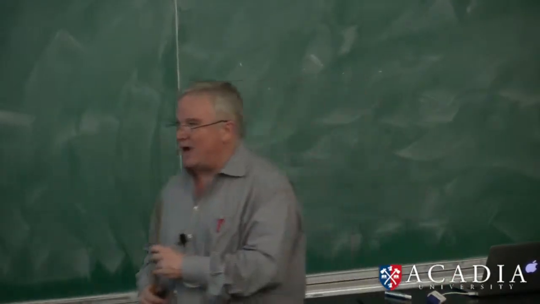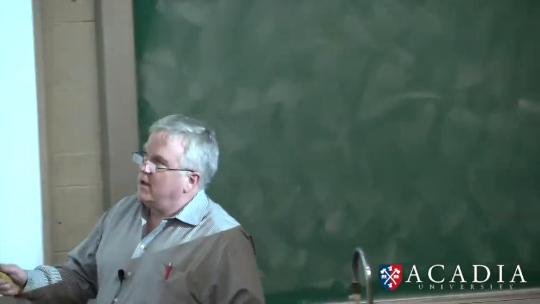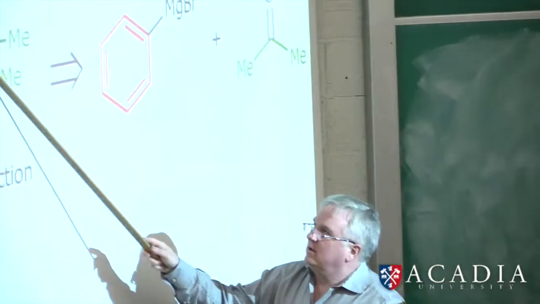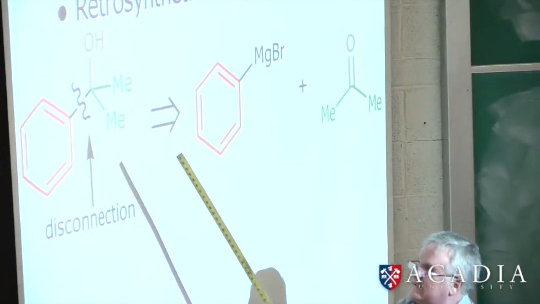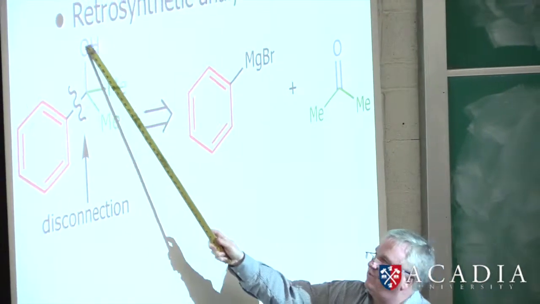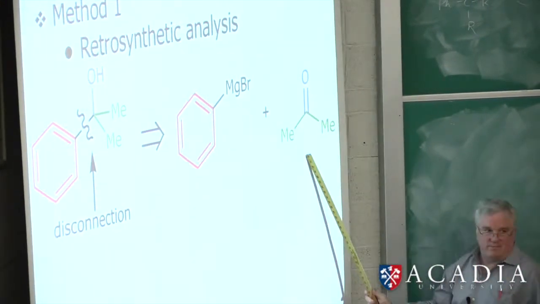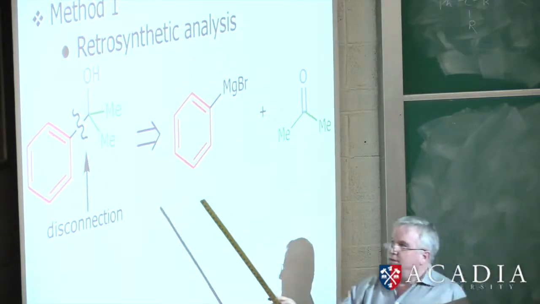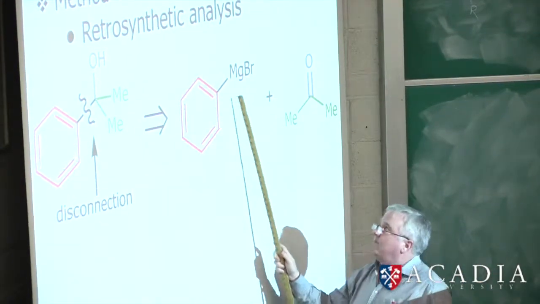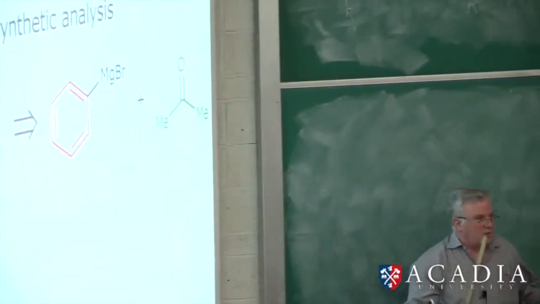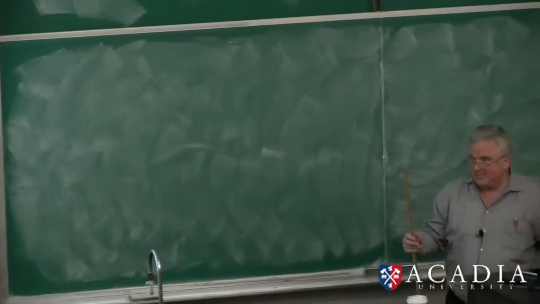We work backwards. So we can disconnect here, and if we disconnect there, we have this portion of a molecule which we can bring from a ketone, and this portion of a molecule which can come from our Grignard.